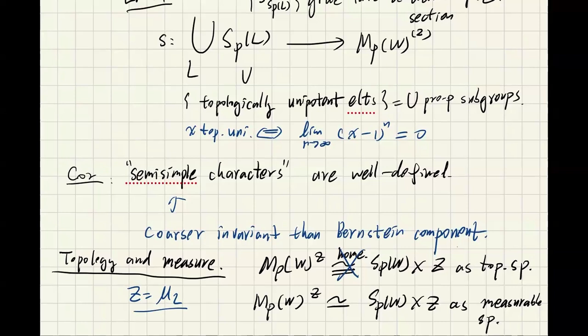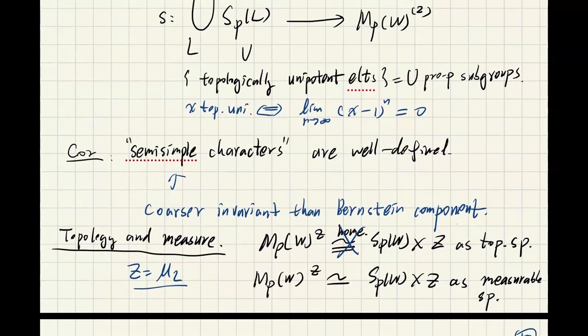But in the real case, Sp(2n,R) is connected, and if Mp(2n,R) were isomorphic as a topological space to the product space, it would be disconnected. But actually Mp(2n,R) is connected. Therefore, as topological spaces they are not isomorphic. However, as measurable spaces, they are isomorphic, because ignoring the measure zero parts, it is still like a product space.